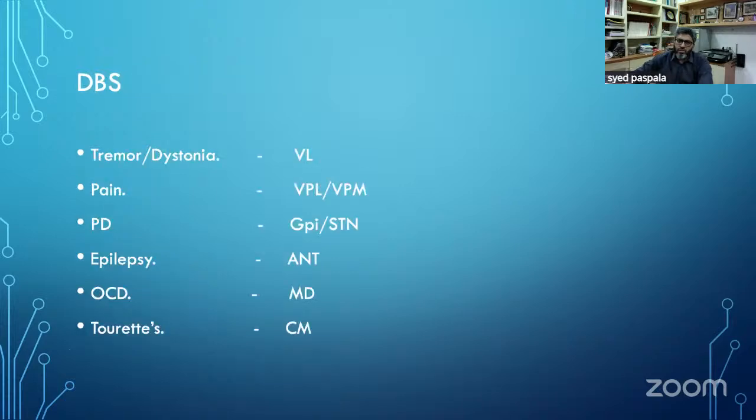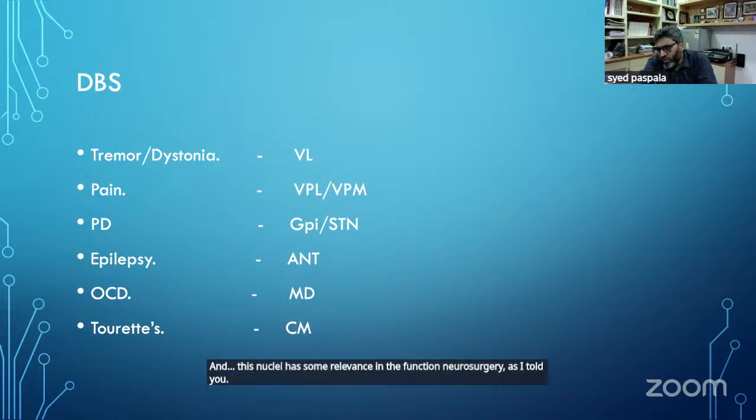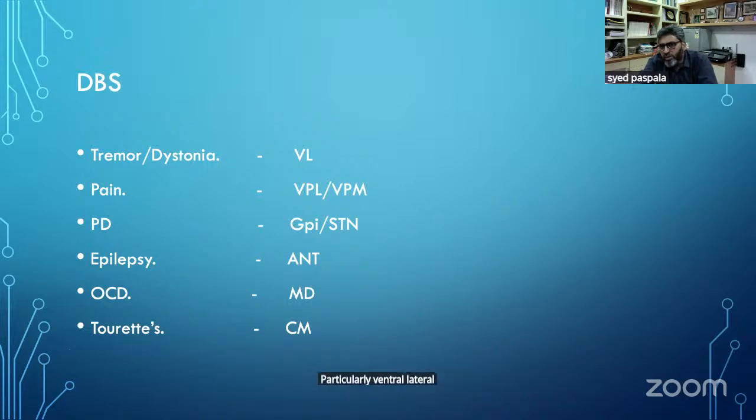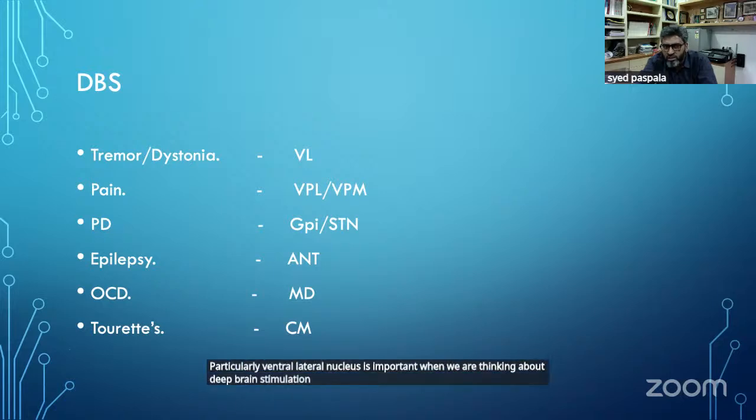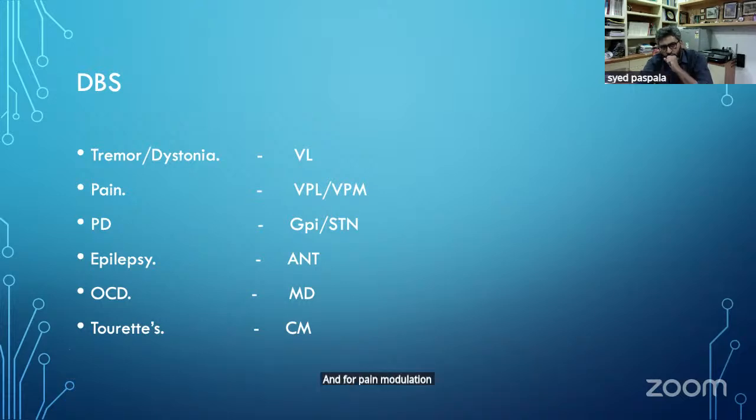And these nuclei have some relevance in functional neurosurgery, as I told you. Particularly, ventrolateral nucleus is important when we are thinking about deep brain stimulation in cases of tremors and dystonia. And for pain modulation and management, VPL and VPM are very important.